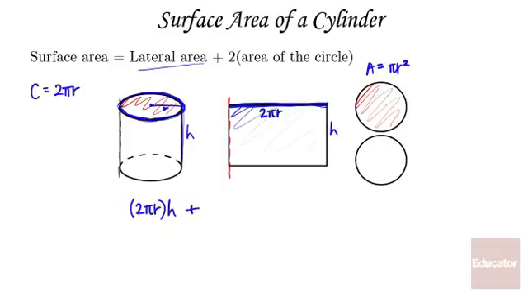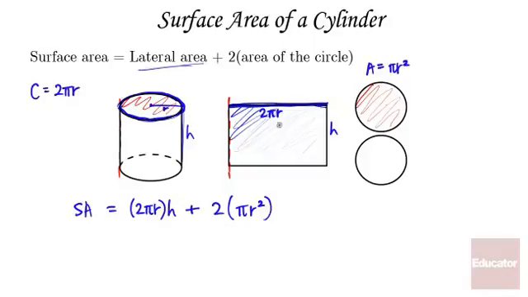Plus, now I have to find the area of my bases. Since I have two bases, plus 2 times pi r squared. So the surface area, SA, is going to be all this here. Now, try not to let this confuse you. Surface area is just very simple. You're just finding all the space on the outside.